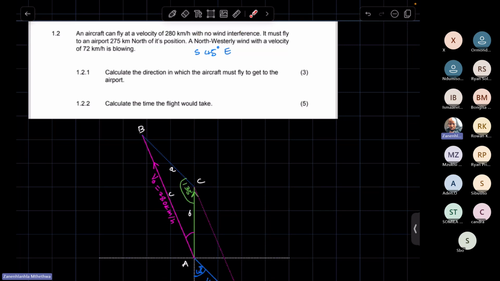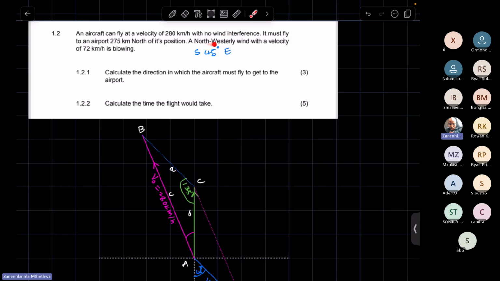Knowing that the plane must fly to an airport that is directly north of its position, if there was no wind you'd simply fly from this point at 280 kilometers per hour and end up directly north. That is with no wind vector.